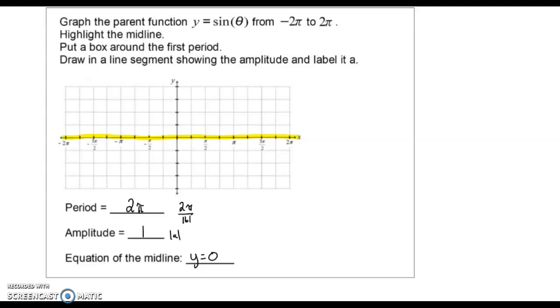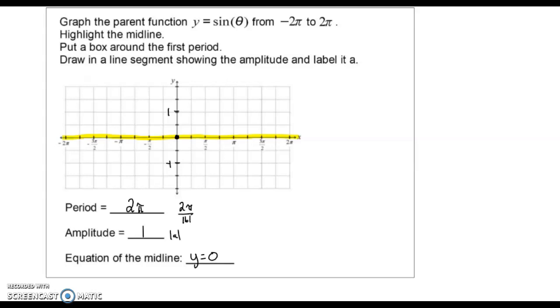All right, so sine, if you recall, the sine of 0 degrees is 0. So it starts here. Now I'm going to go ahead and label my graph, and I'm going to say that this is 1, and then this is -1.